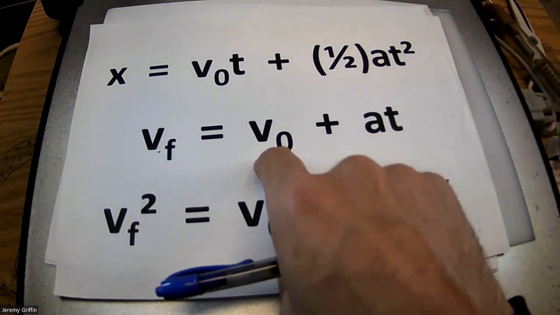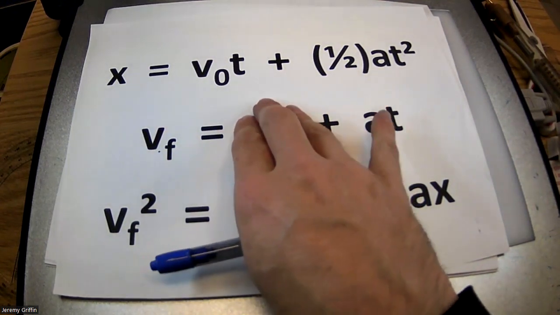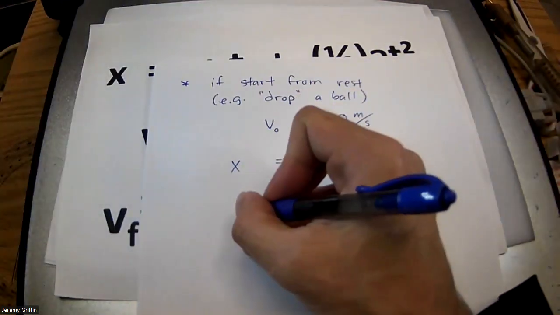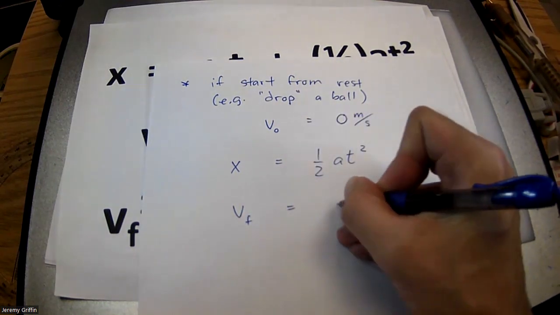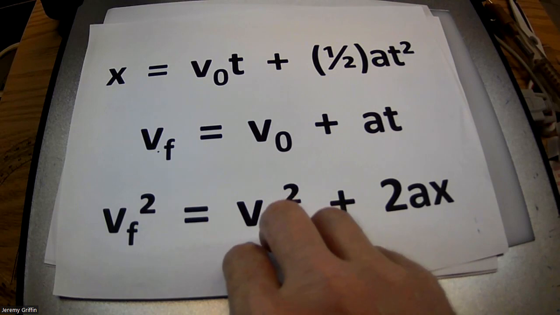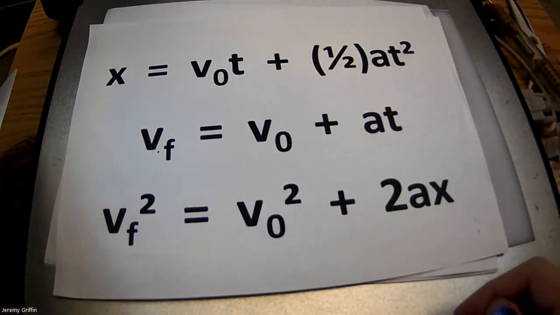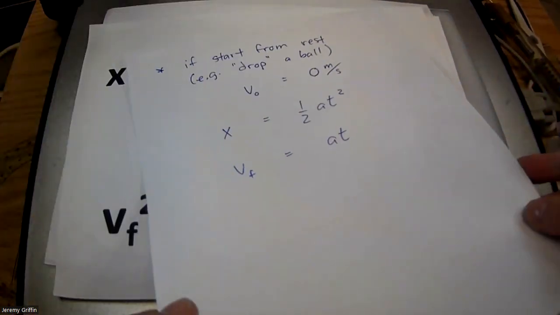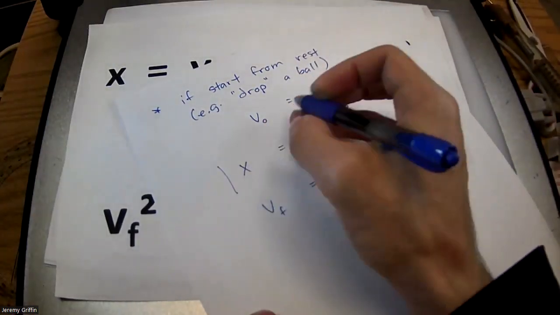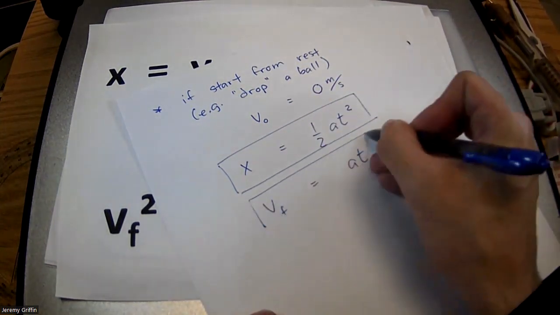If you start from rest, so v naught is 0, then isn't final velocity just equal to at? Final velocity equals at. I guess you could do the very similar thing with the last one. You could say vf squared equals 2ax. I'm not going to worry about writing that one down right now, but I'll take you through an example, and we'll bring up that third equation later and just see how it works out.